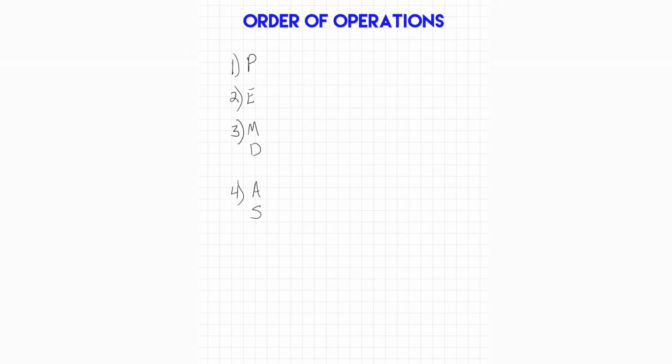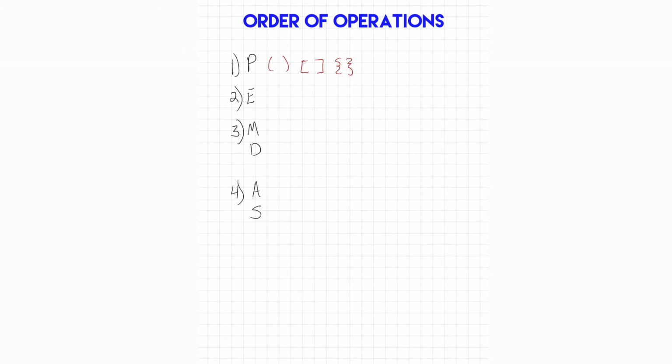The first step is parentheses, which we know can be parentheses. It can be that grouping symbol. But it also extends out to brackets and braces. And the reason it extends out is because any grouping symbol can be considered a parentheses for our examples today, but also in the event that we need to use multiple grouping symbols together, it's easier to draw them differently so that we can tell the difference between the different symbols.